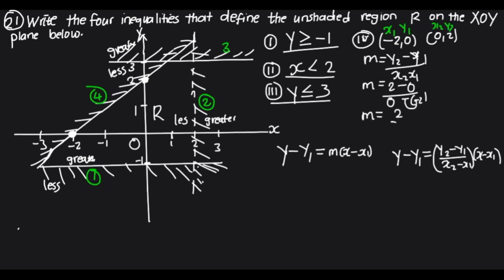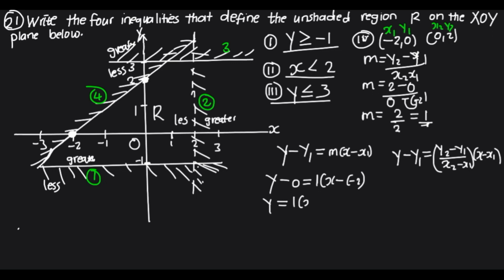Negative times negative is positive. Then 2 divided by 2, we can say that our gradient is 1. So y minus y1, which is 0, is equal to the gradient, which is 1, times x minus x1, which is negative 2. So y minus 0 is just y.